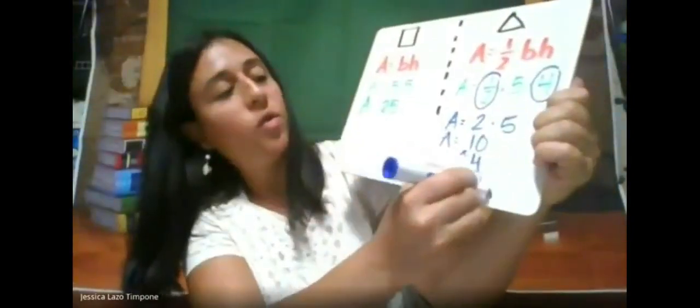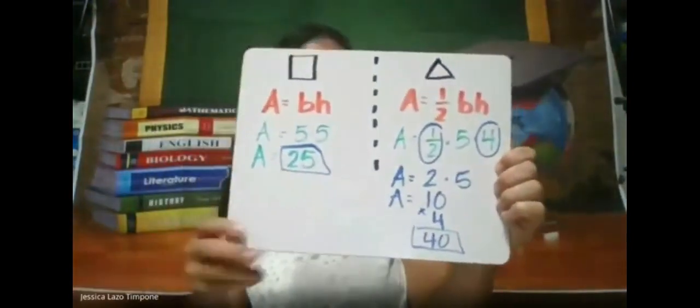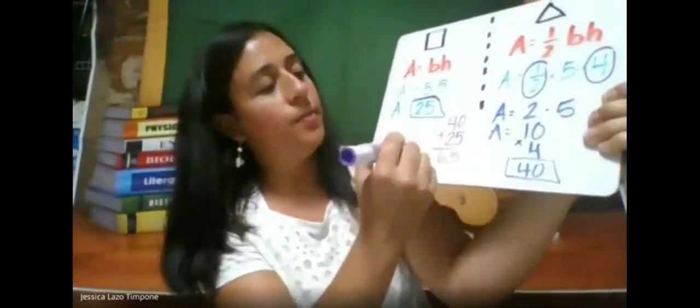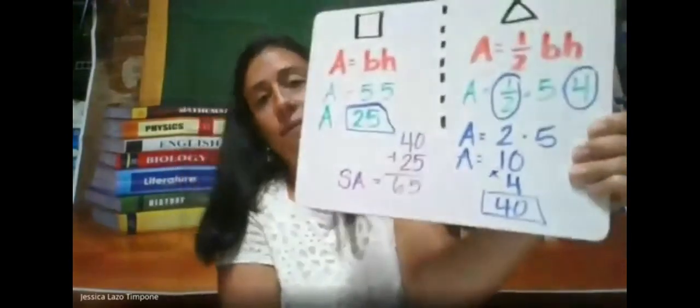So we're going to add this 40 and this 25 to get our surface area of the whole pyramid. So 40 plus 25 will give me the surface area of my whole pyramid. So that is 65. So our surface area equals 65.